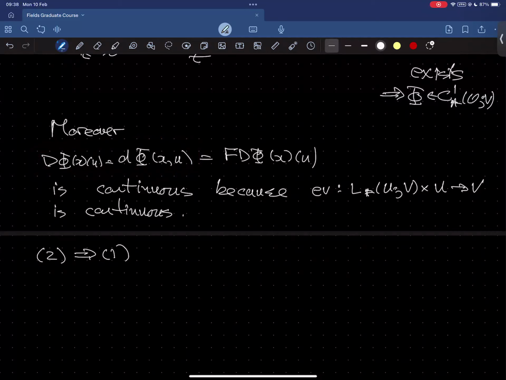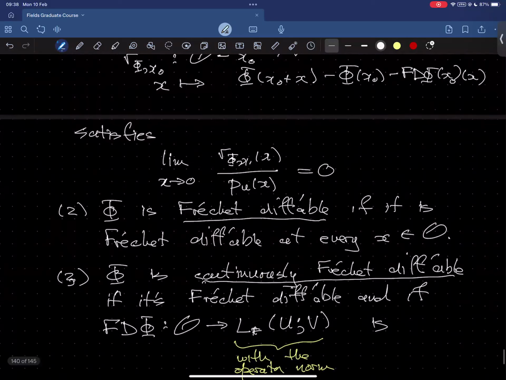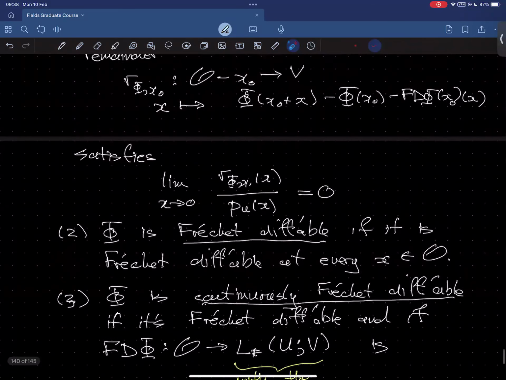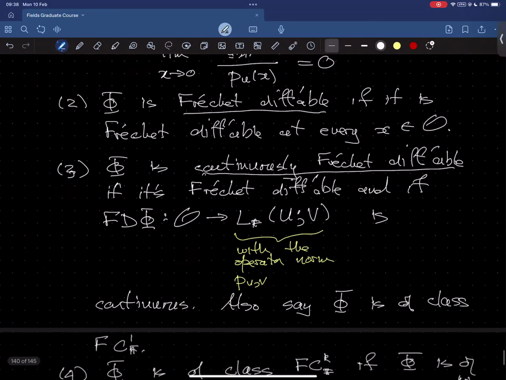All right, so what do I need to do? To show that it's of class FC1, I have that remainder condition, and I have to show that the remainder condition is satisfied. So again, I have to show that if the remainder is defined like so, then it satisfies that formula.